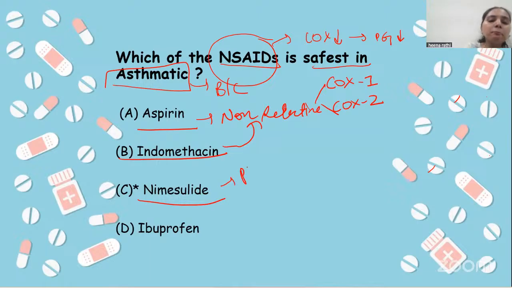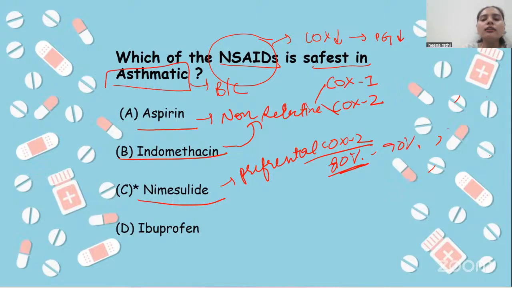Nimesulide is a preferential COX-2 inhibitor. Preferential COX-2 means it is going to have an 80 to 90% effect on COX-2 and a 10 to 20% effect on COX-1. So it has mostly a COX-2 effect, and COX-1 is free.